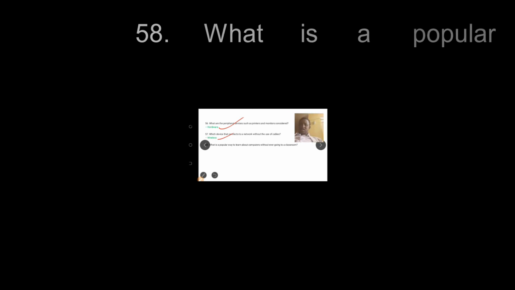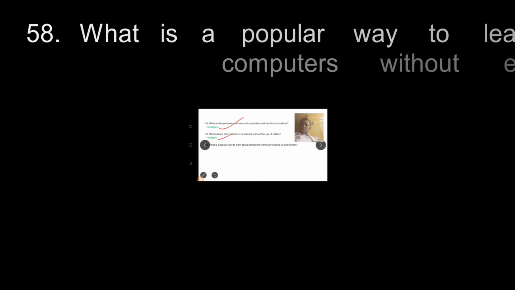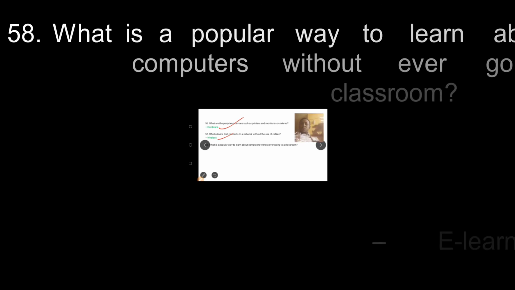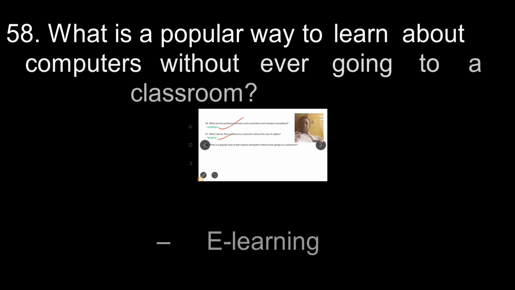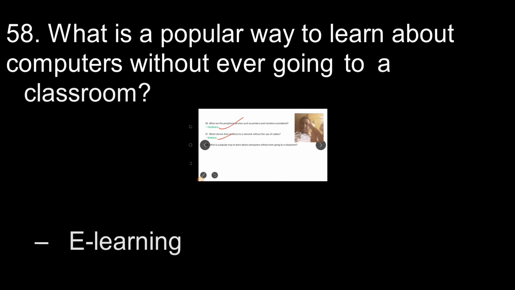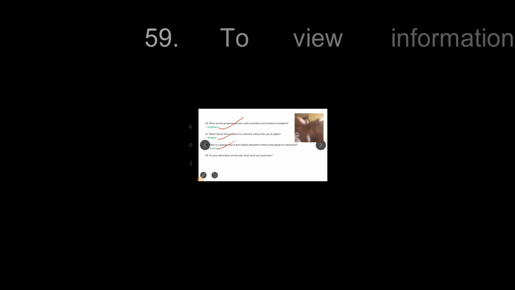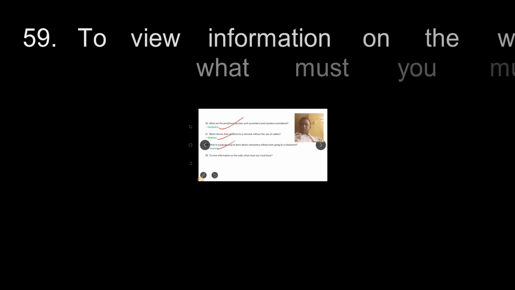Now today, especially after COVID, the technology that we introduced for most of the students and the teachers or instructors is called a learning platform. The next one, to view information on the web, what must you have?